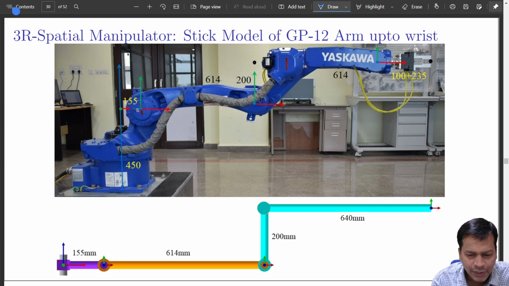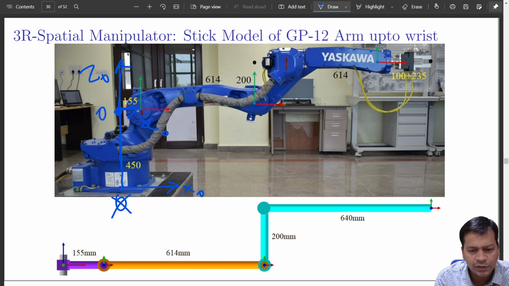You see, this was your first frame x0. You know I normally put it over here. So this is my new x0. If this is your z0, it is equally good. I have placed my origin over here, not over there.